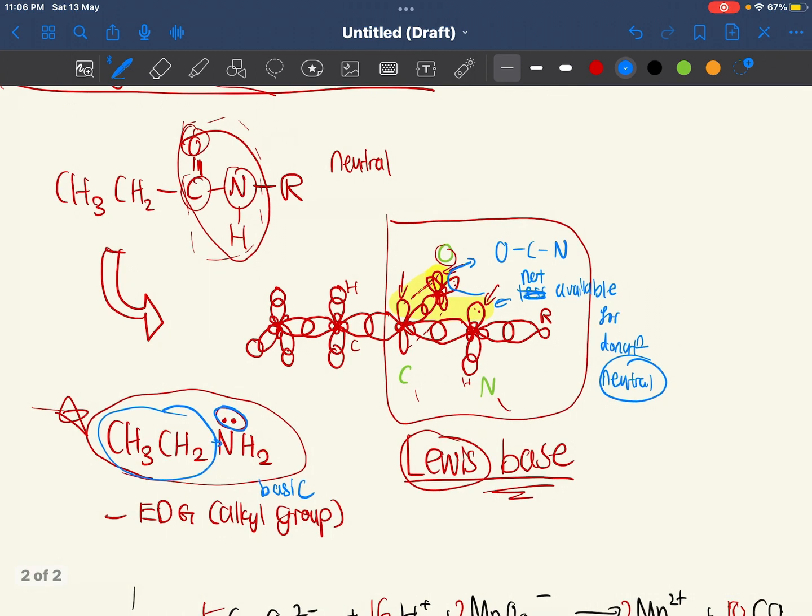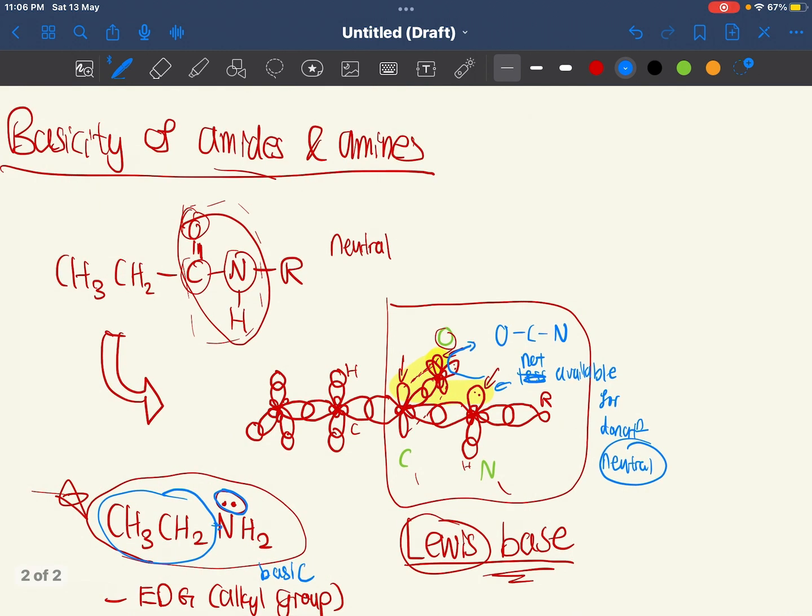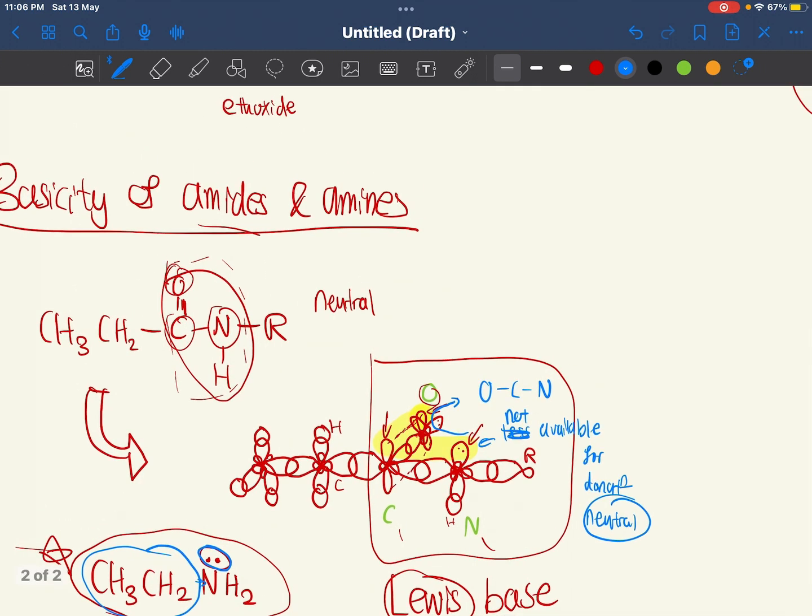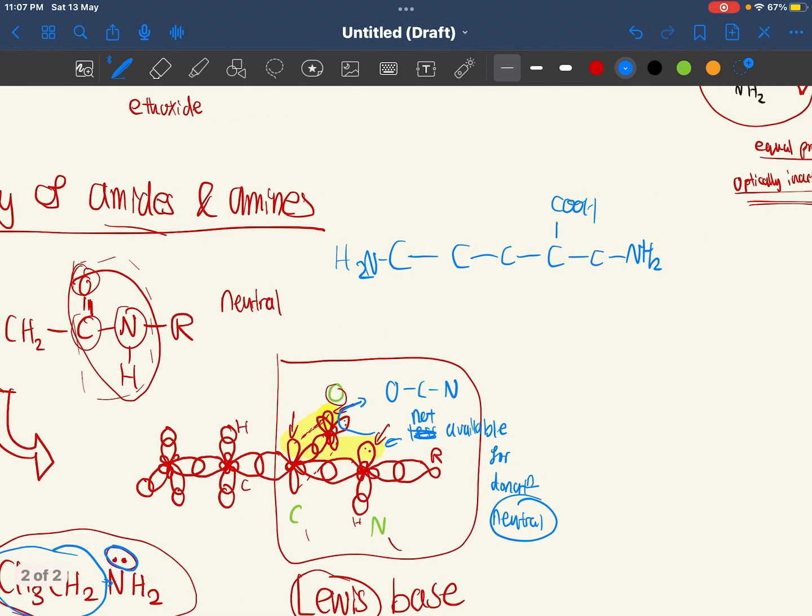What they will do is combine all the theories together with your acid base equilibria. For example, if I have a compound here, H2N, this C, COOH, and an NH2 here, then I'll have my pKa values assigned.